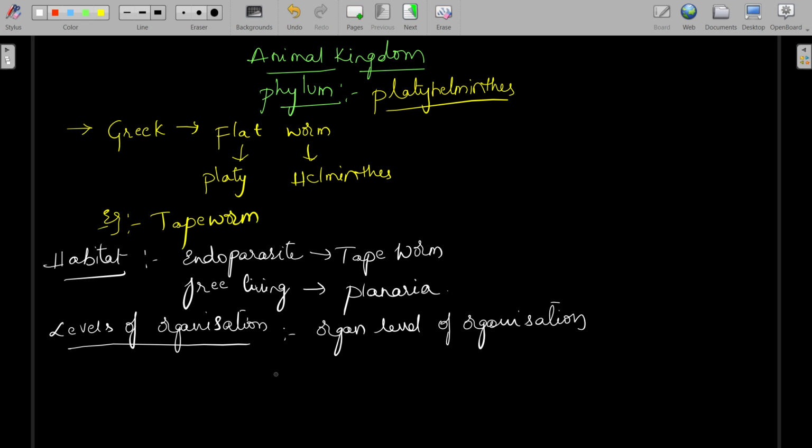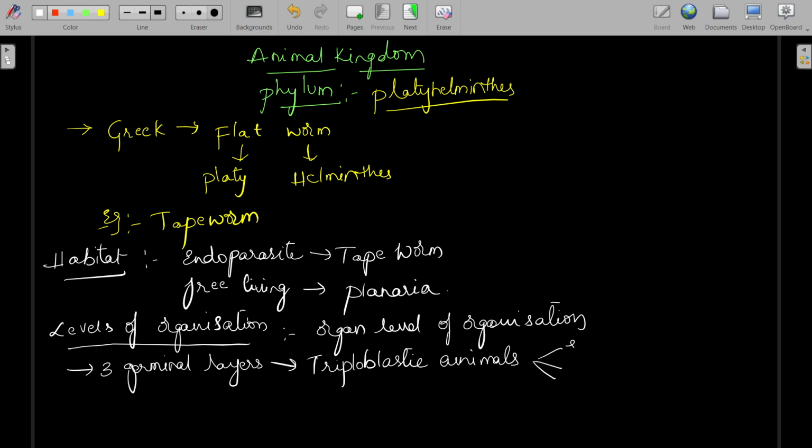Now, these have three germinal layers. In the previous classes, Ctenophora and Cnidaria are diploblastic animals, whereas platyhelminths are triploblastic animals. These have three germinal layers.